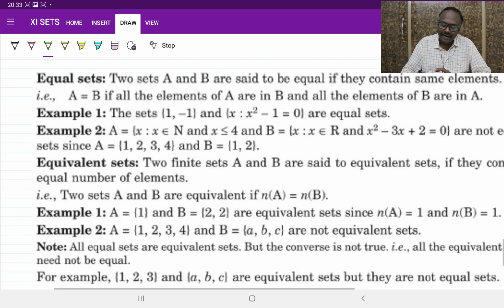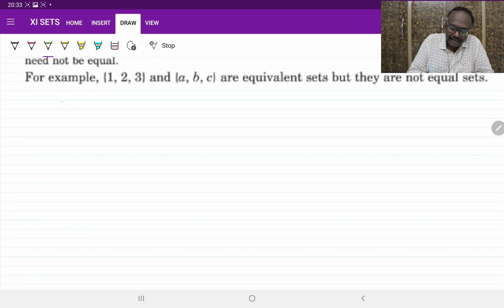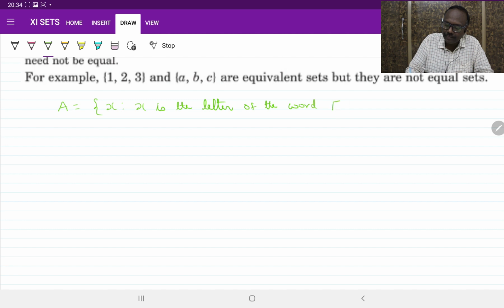Let's try to identify with some examples. Let's say A is a set which contains the set of all x such that x is the letter of the word follow.